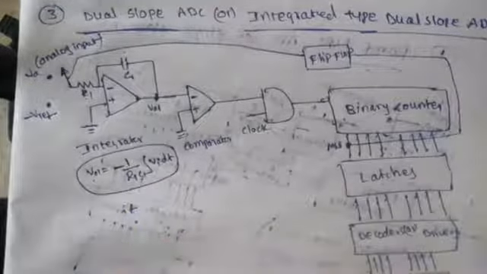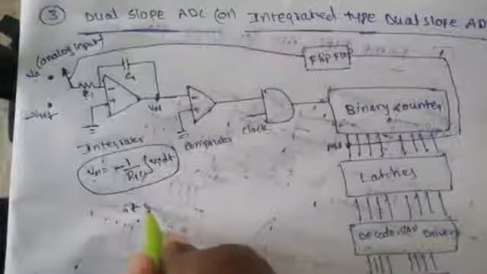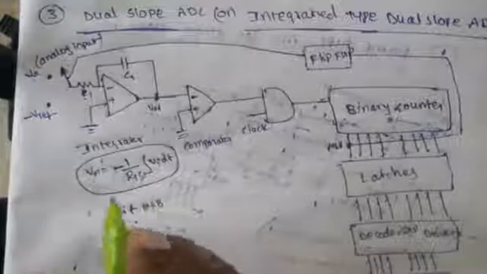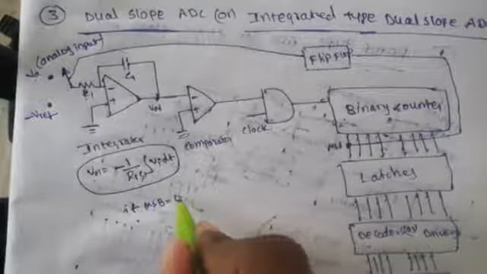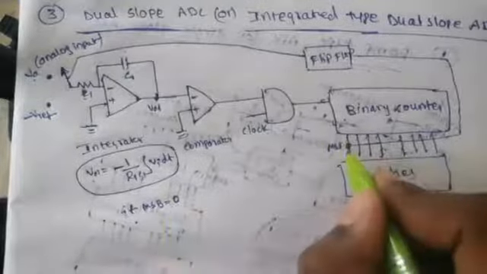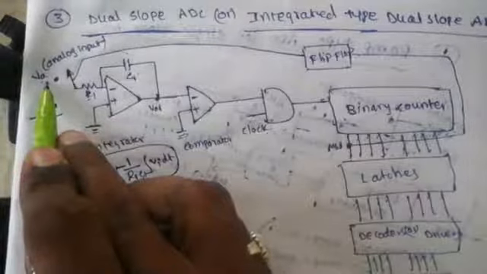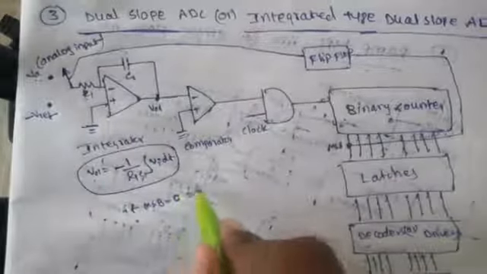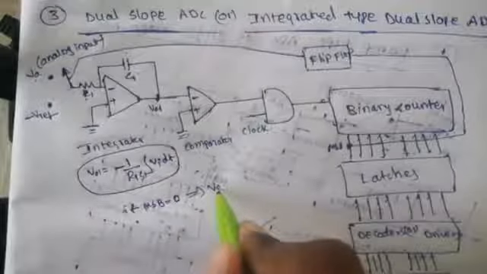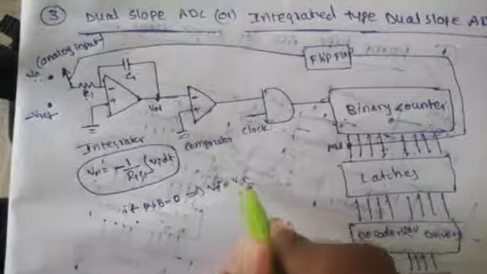If the MSB bit of that binary counter is 0, then the switch will be connected to the analog input voltage, meaning Vi is equal to VA.